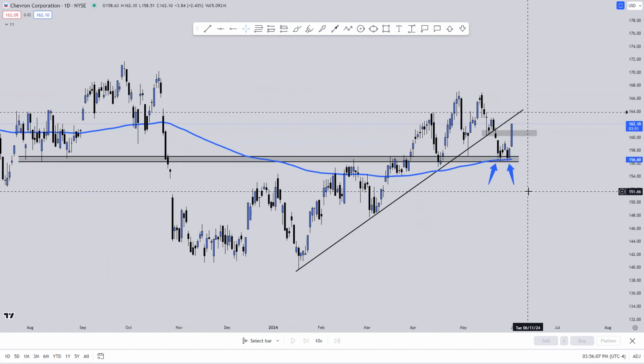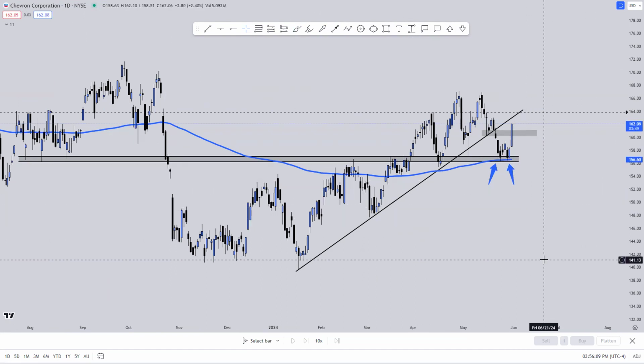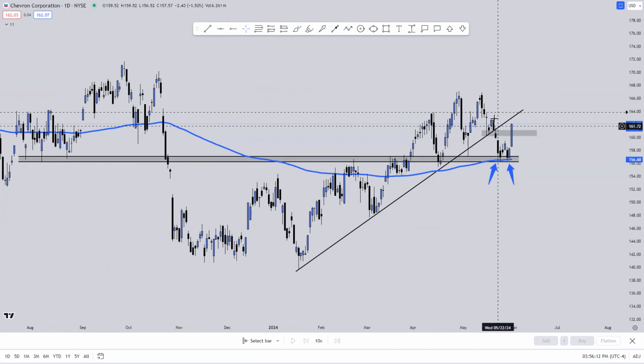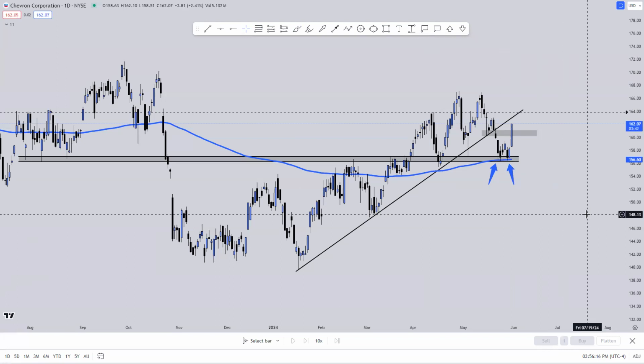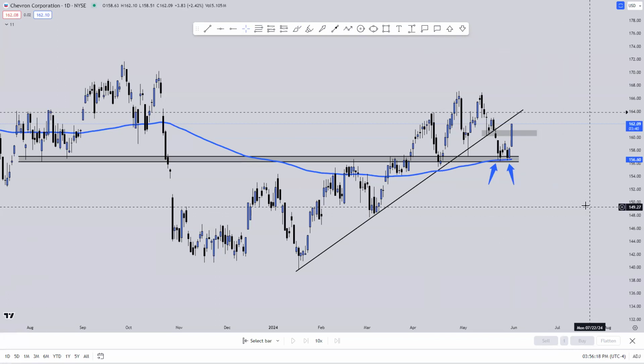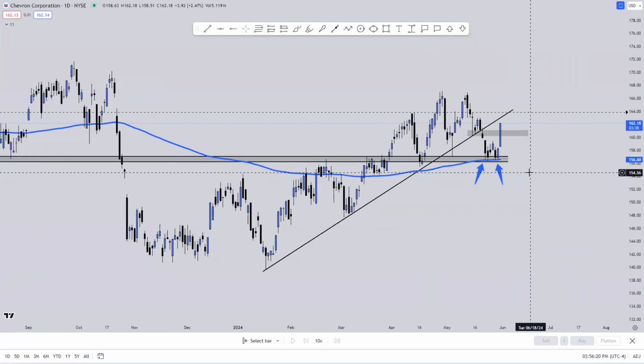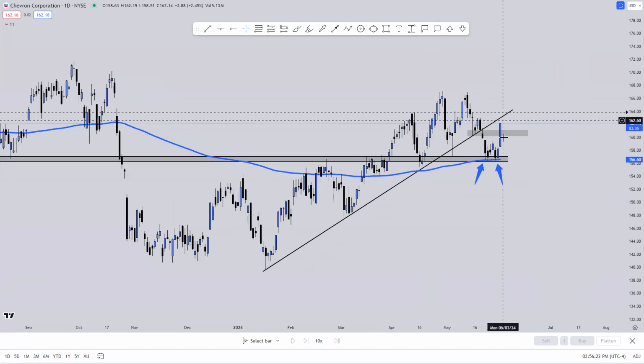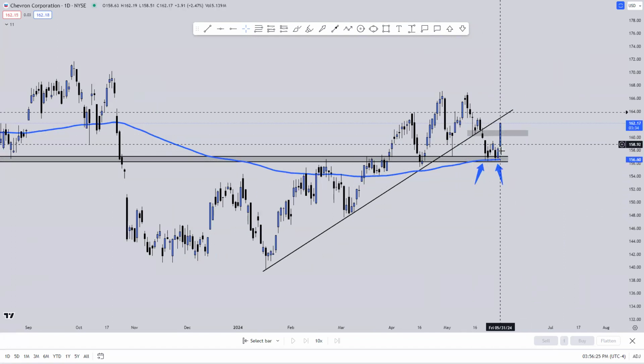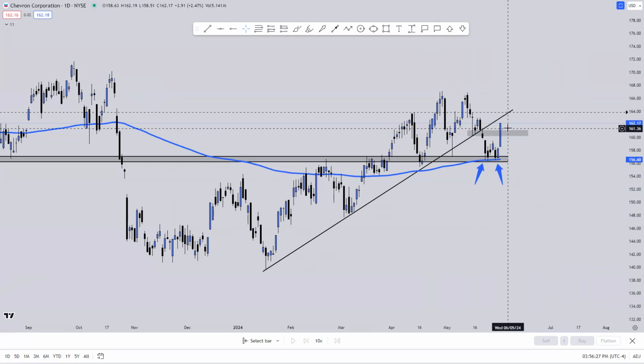That's two things telling us this could be a good trade. And then we have a chart pattern here, a double bottom right in the same area. So there are three things telling us that this could be a great trade. And as you can see, the price pretty much exploded today. So our target would have been met.